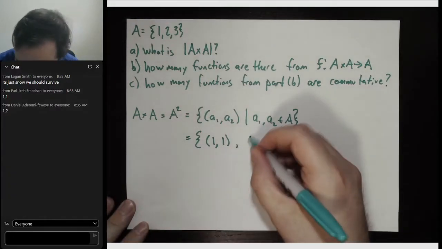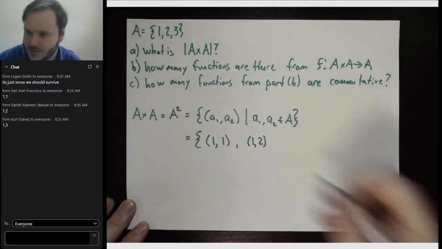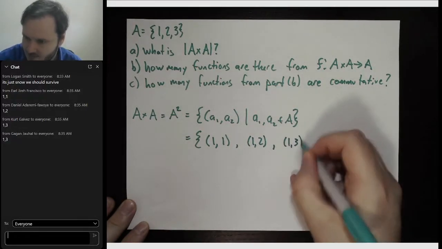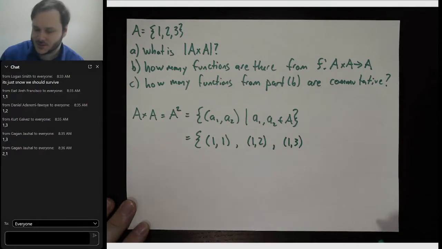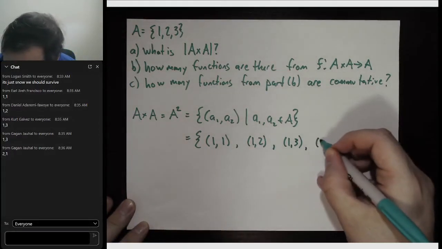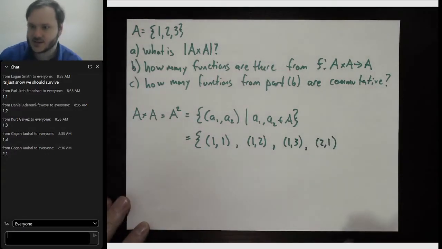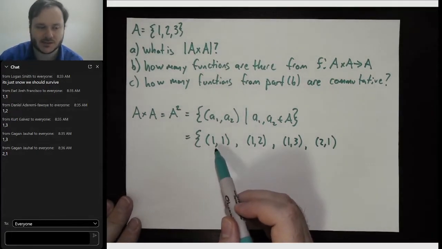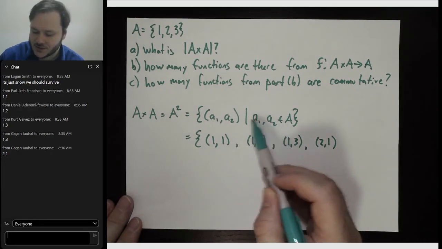(1, 2). (1, 3). And (2, 1). There we go. So from here, I think we can fill out the rest. Crucial ideas: you're allowed to have the same number twice. It's not a set, it's an ordered pair. So A1 and A2 are completely separate.